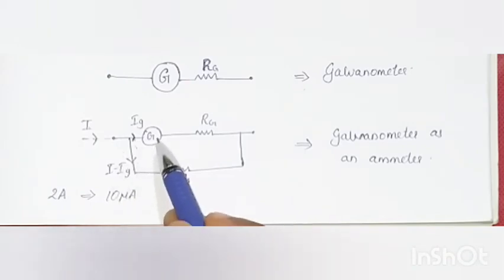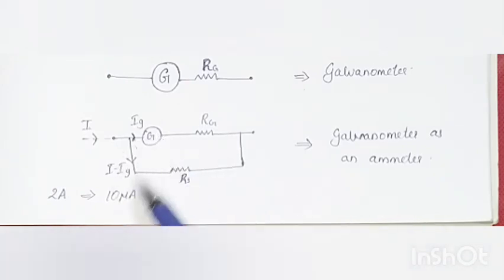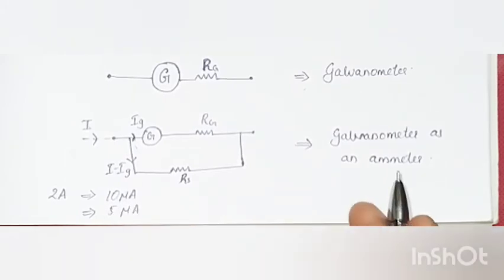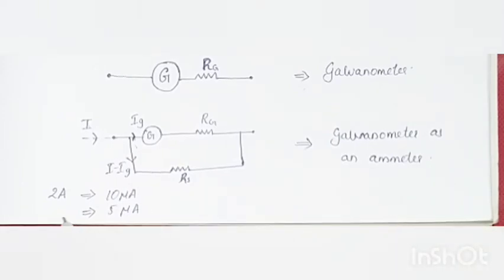So even if the deflection in the galvanometer is 10 microampere, based on the scale conversion we can anticipate that the current passed is 2 ampere. And suppose the deflection is shown as 5 microampere, then according to the scale conversion, the actual current passed is 1 ampere. This is how the galvanometer can function as an ammeter.